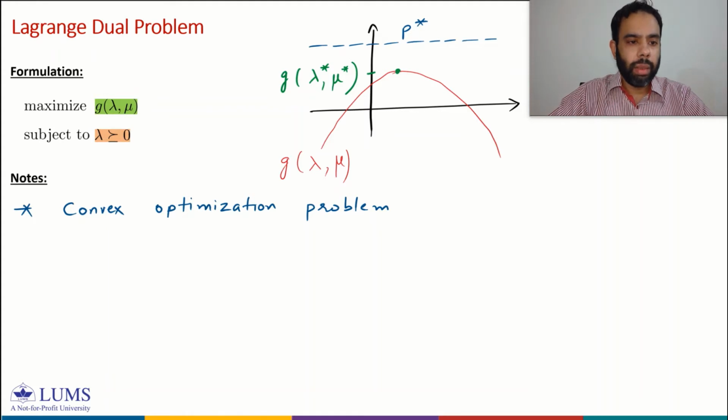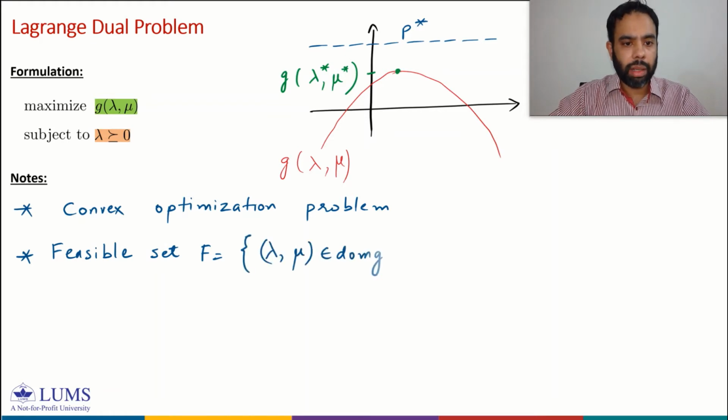The feasible set for this convex optimization problem is given by, let me define the feasible set F, and that should be equal to the domain of the Lagrange dual function and lambda greater than or equal to 0.